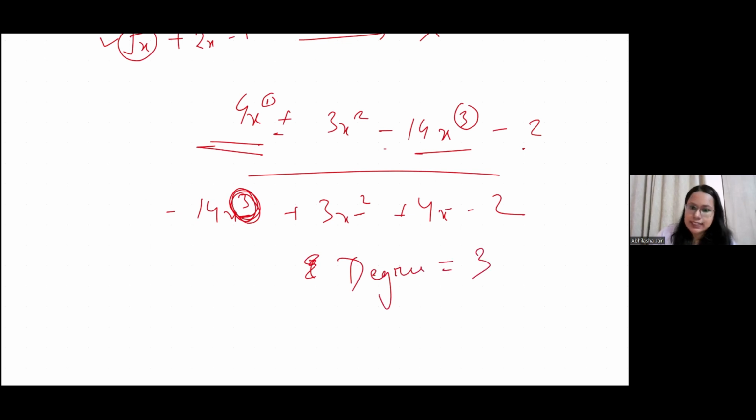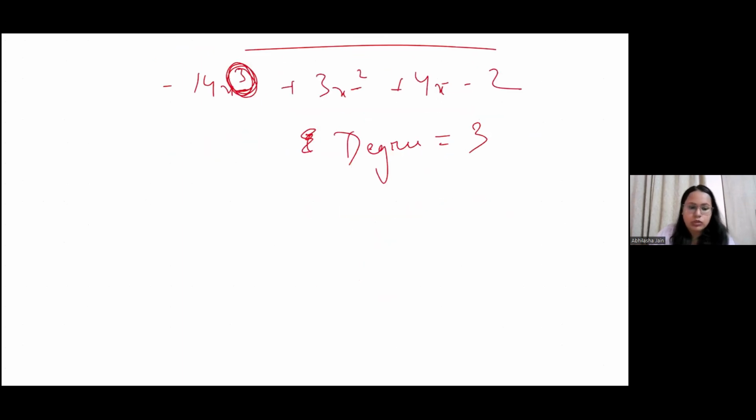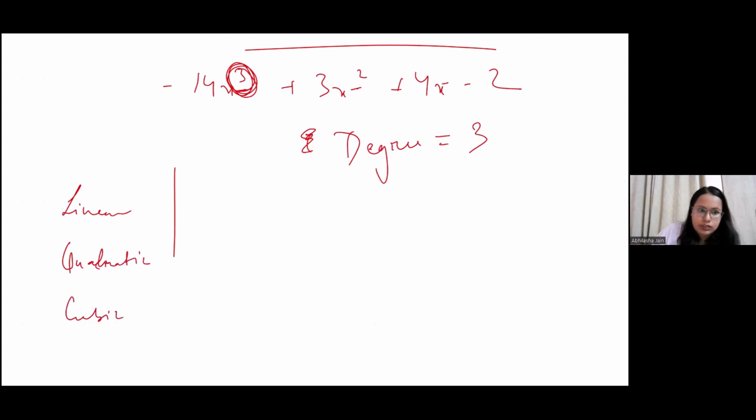Now, based on this degree, the polynomials have been classified into different types. We just saw the example, which was linear, quadratic, and cubic. These are the types of polynomial.